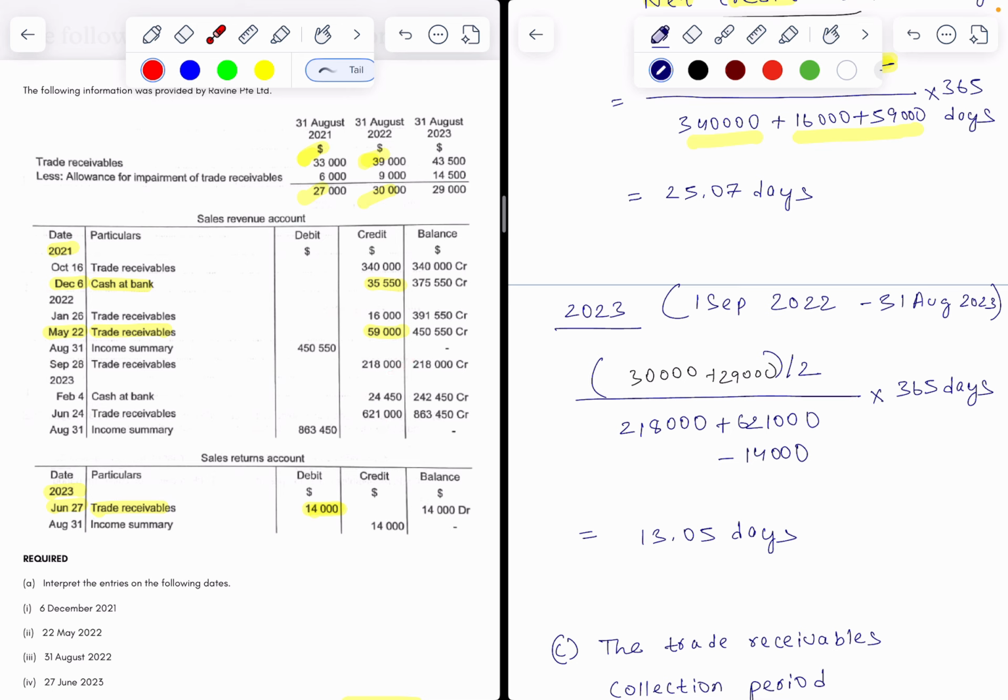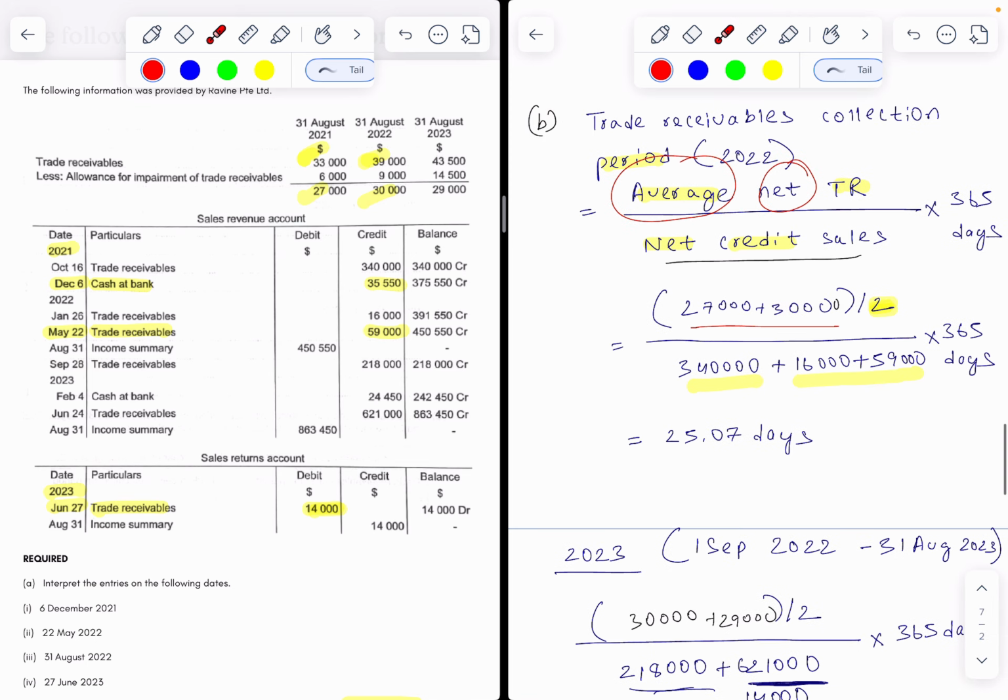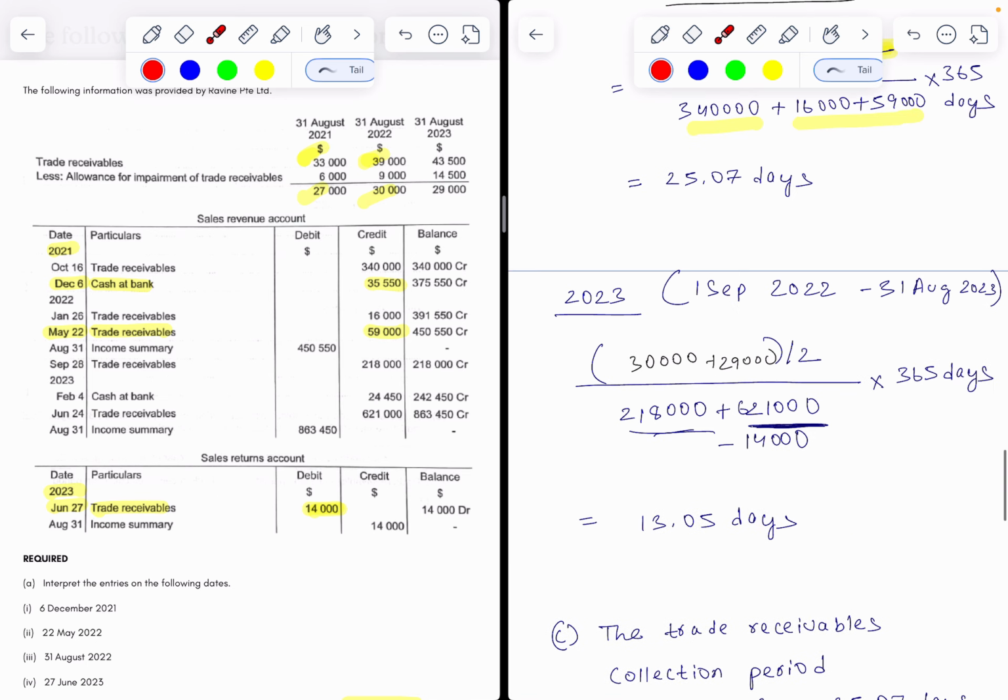So these are the first two numbers that are being added here, 218 plus 621. And then we ended up subtracting 14,000, which is the sales returns. We subtracted 14K because the credit customer who returned us $14,000, it is a credit sale at the end of the day. So that should reduce our net sales, right? That is why it clearly mentions net and credit at the same time. So we have to be aware that the returns have always been subtracted.